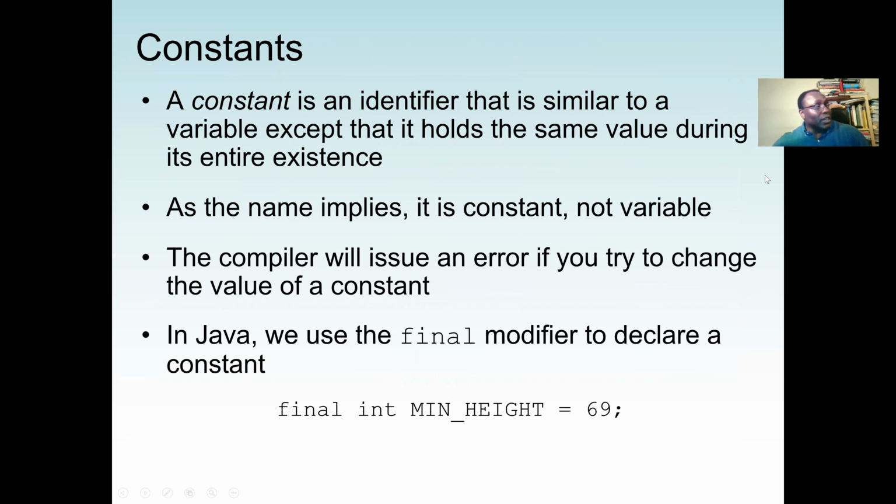So a constant is an identifier that is similar to a variable except that it holds the same value during its entire existence. As the name implies, it is constant, not a variable. So always when we declare a constant variable, we have to initialize it, and that value cannot be changed. The compiler will issue an error if you try to change the value of a constant.